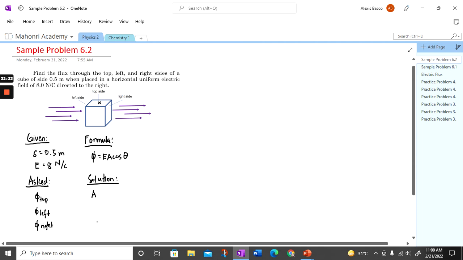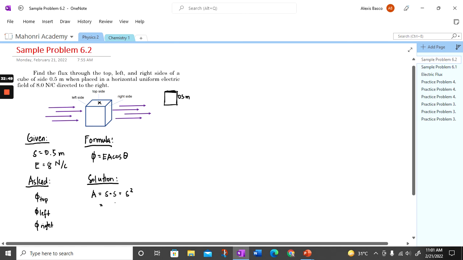Okay, so since this is a cube, the face of the top, left, and right is basically a square, right? And the side length is what? 0.5 meters. So in order for me to find the area of a square, this is basically side times side, or S squared.